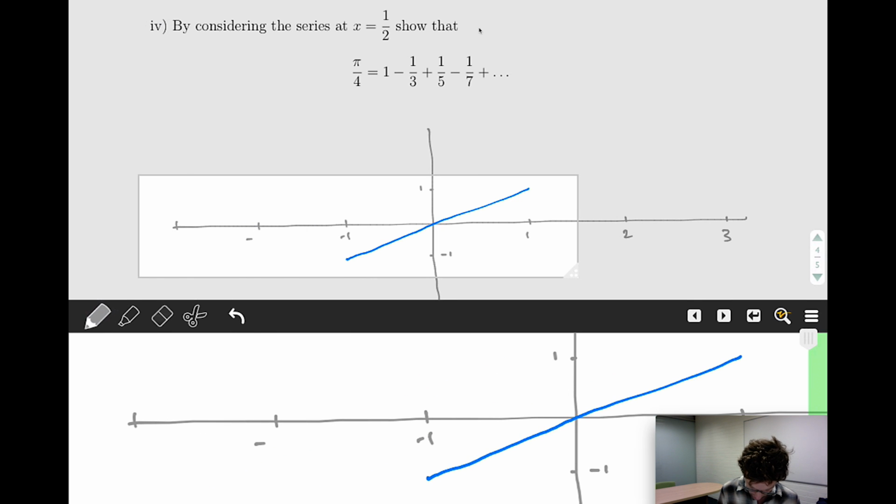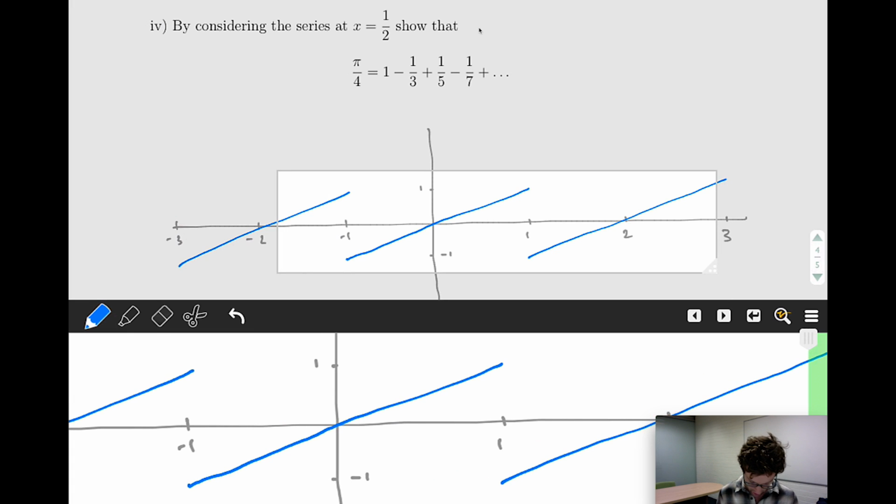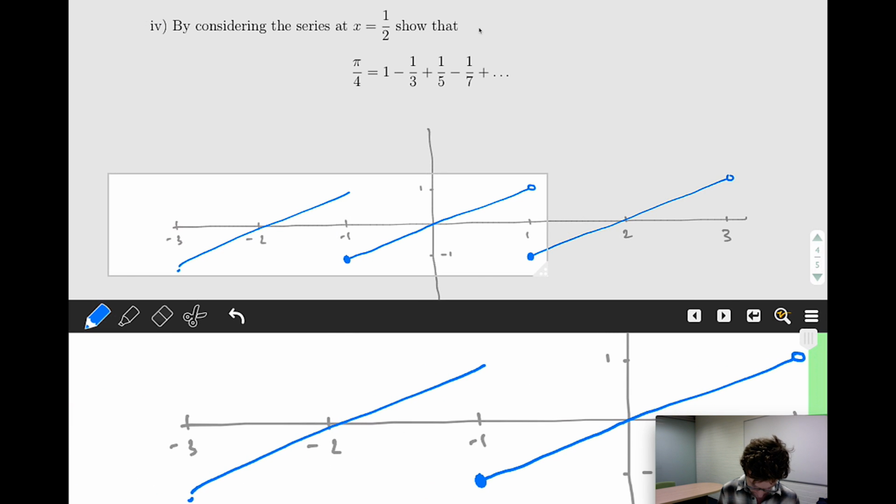And then that thing is just going to repeat itself. Now we have to deal with the discontinuities. In this case, we do have discontinuities. So following the formula that we're given, we're going to include the lower points and exclude the upper points.